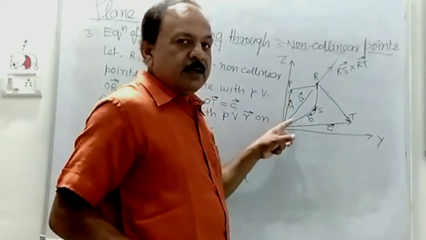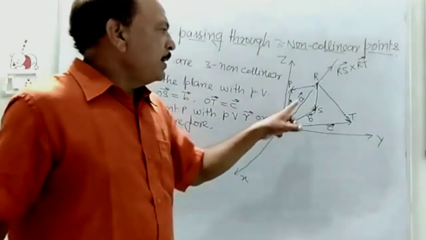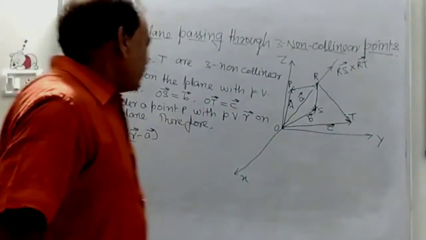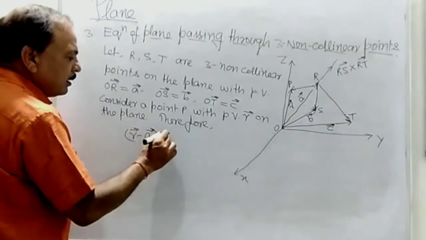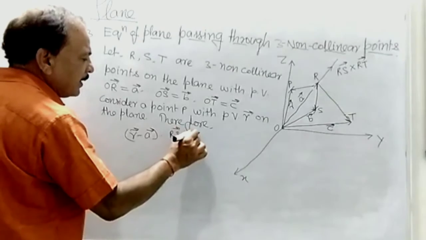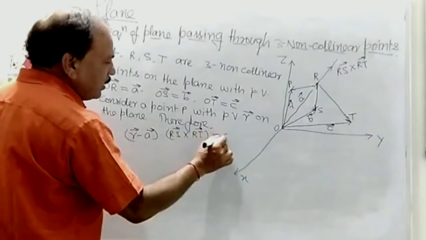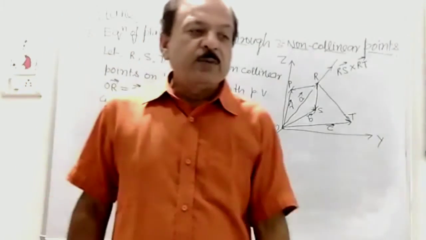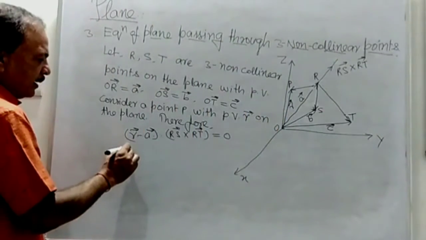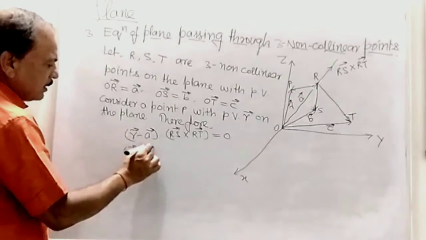R minus A dot RS cross RT will be equal to 0. So we can write this R minus A. RS is what?